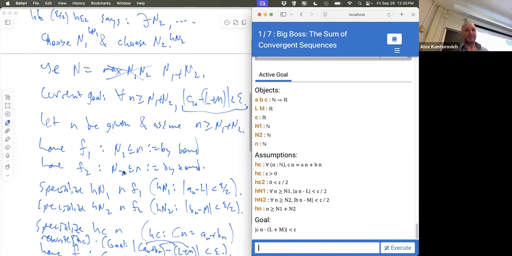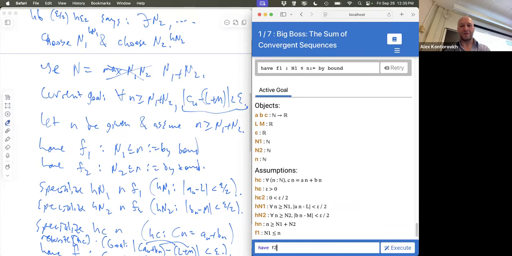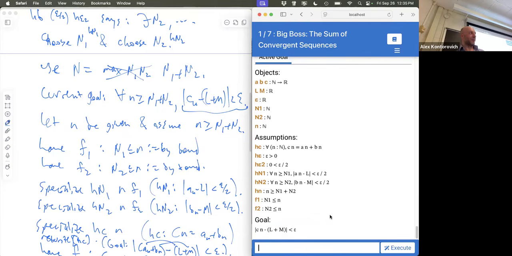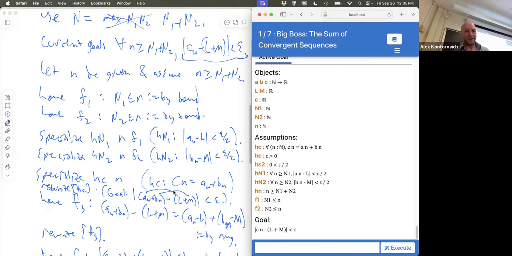Okay, so that n was given. Let's record F1 and F2. Have F1, that N1 is less than or equal to n. That's by bound. Easy. Have F2, which is also the fact that N2 is less than or equal to n, also by bound. So far, so good.